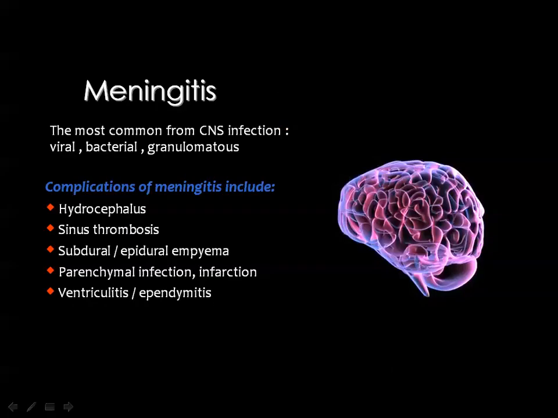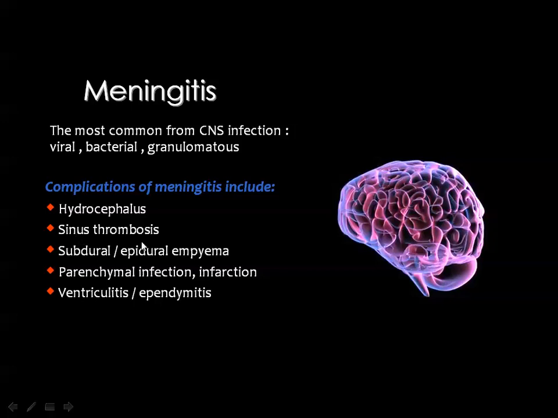Then we come to the issue of meningitis. Any meningitis can be caused by viruses or bacteria or granulomatous lesions. And meningitis may result in hydrocephalus, which is the communicating or obstructive type.